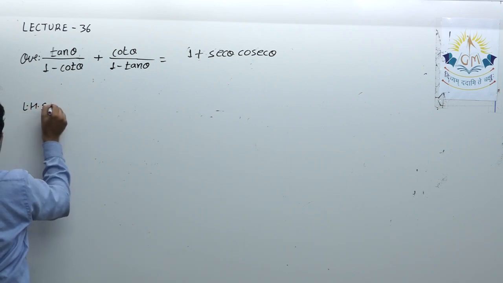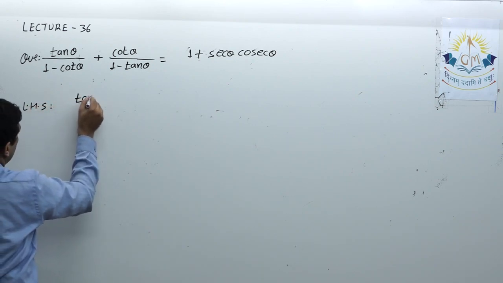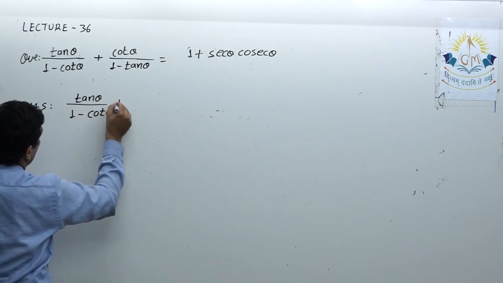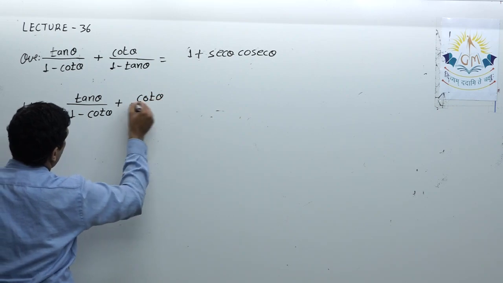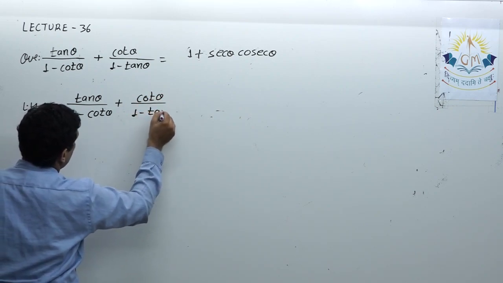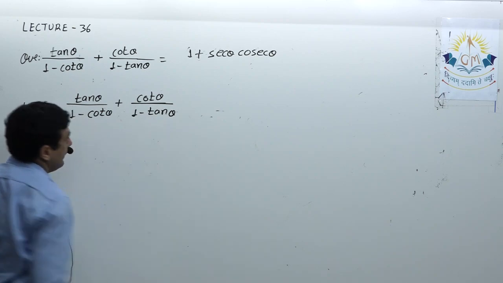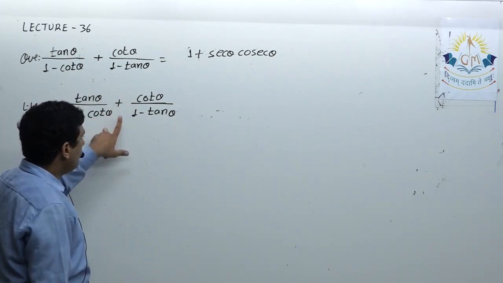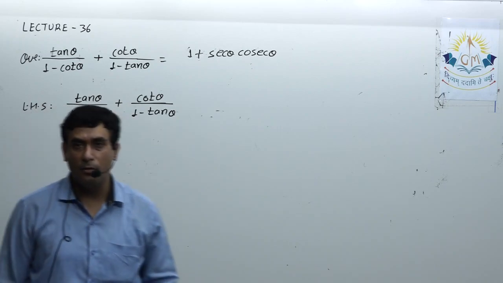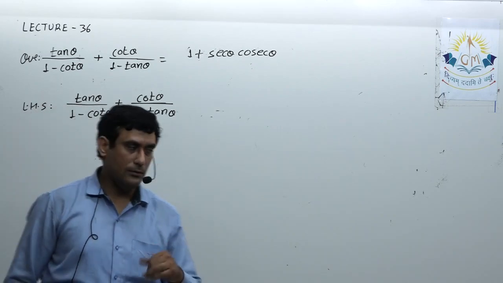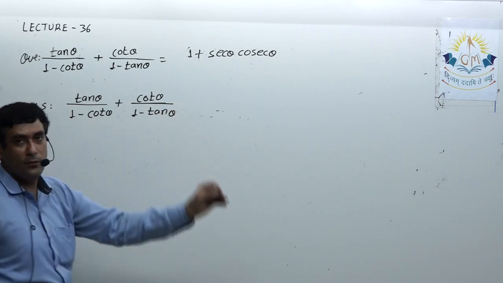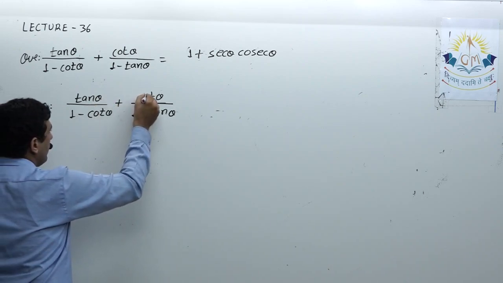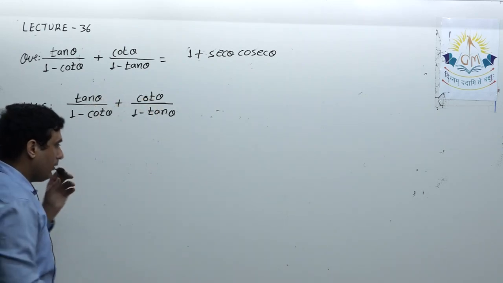Definitely we'll start with the left hand side: tan theta upon 1 minus cot theta plus cot theta upon 1 minus tan theta. So there are two ways to solve this. I can convert these two cot in terms of tan, and then solve, or I can convert all trigonometric ratios in the form of sine and cos. So I am converting all in terms of sine theta and cos theta.